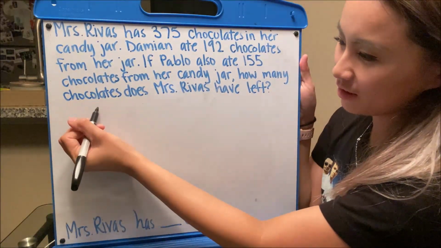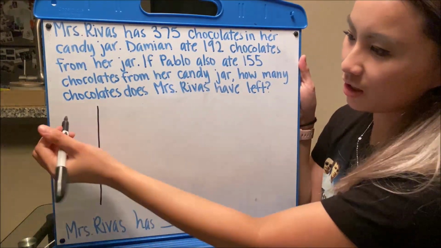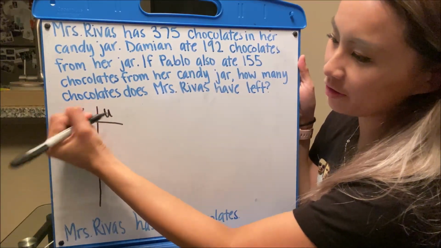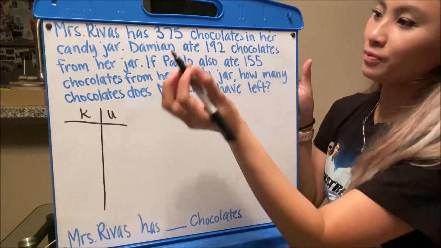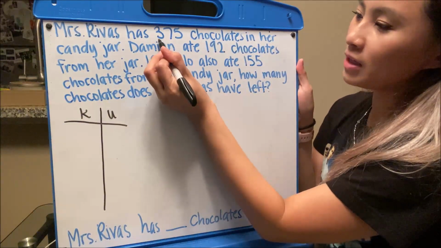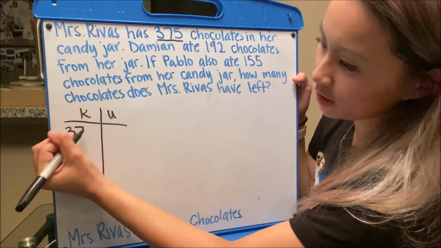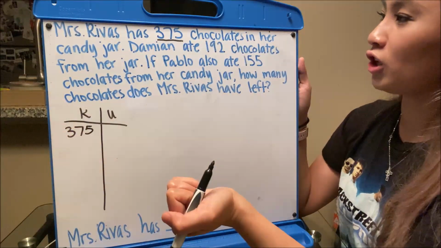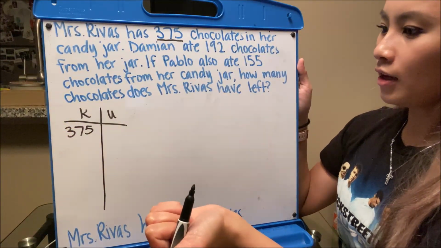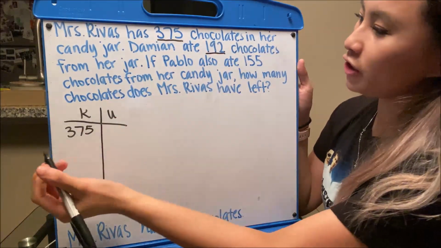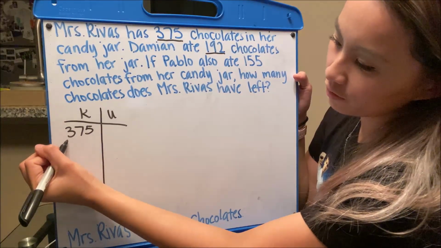Again, let's draw our known and unknown. So what do we know? We know that Mrs. Rivas started off with 375 chocolates. And then Damian decided to eat 192 chocolates from her jar.